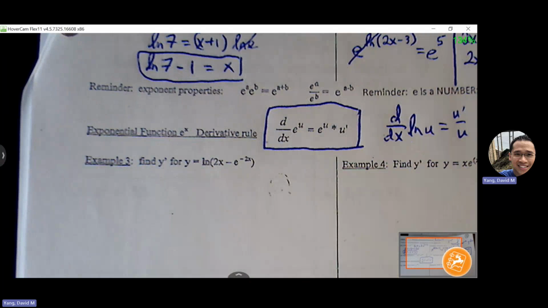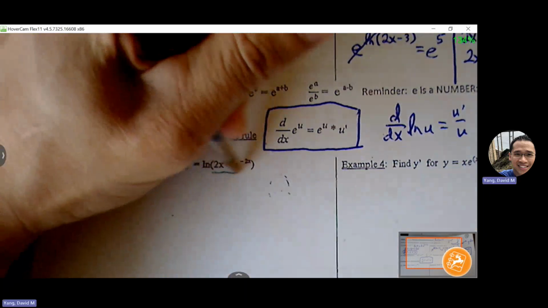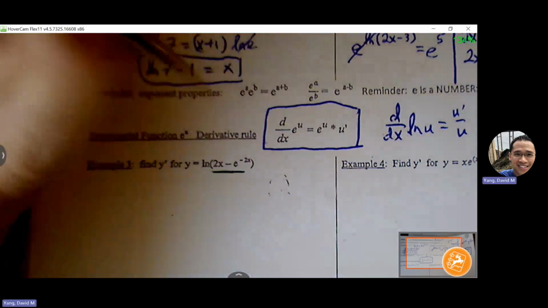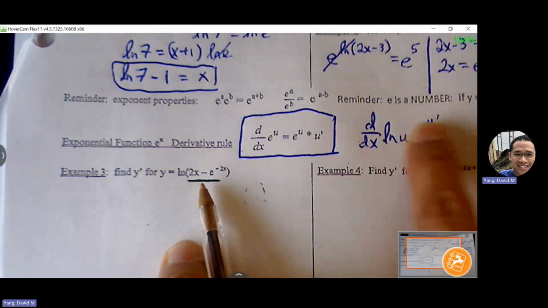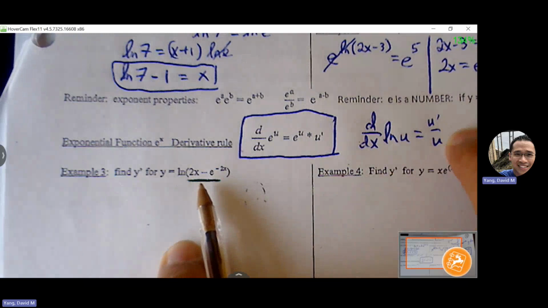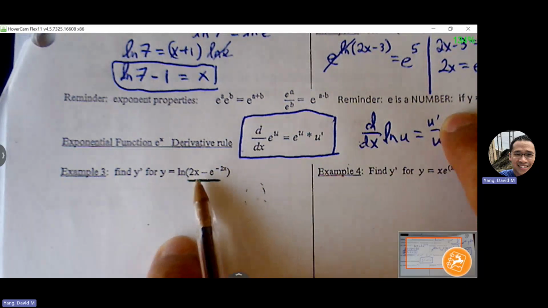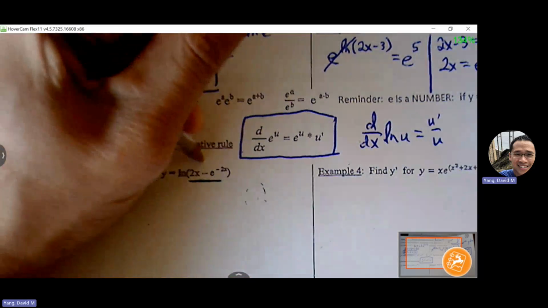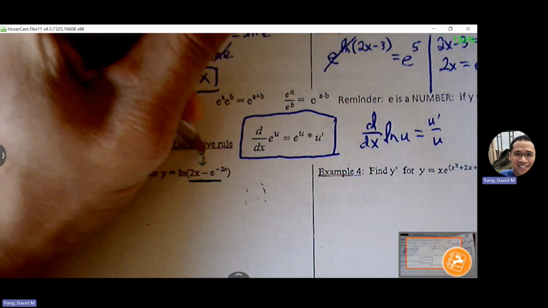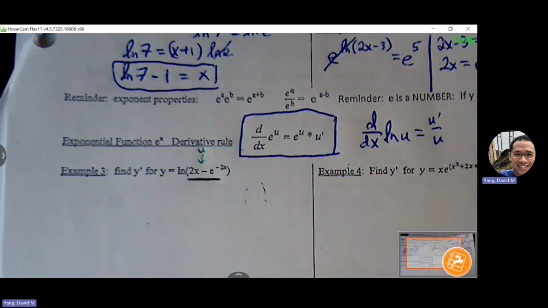So we are stuck in this form, but we do have a u value that we can identify, and the larger rule that's going to make a bigger impact is this natural log of u rule. So we'll do u prime over u, and then once we're inside u prime, we can worry about each of the individual rules. Okay, so understand this is the large u value that we're working with.